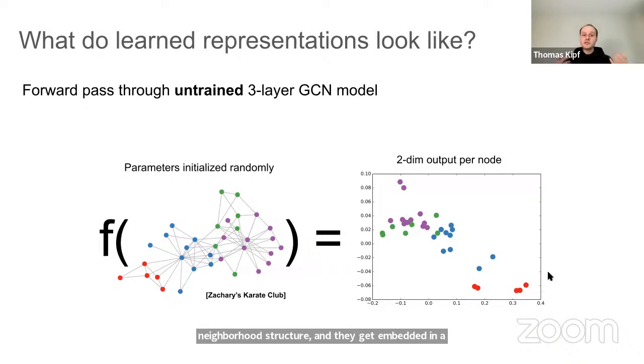This is really interesting, because effectively even without training, the model has an inductive bias to make use of the neighborhood structure and to embed things in such a way that it takes the graph structure into account, because different neighborhoods get treated differently just based on the message passing updates. So there's already an inductive bias there, and that will be very useful once you want to start classifying nodes.